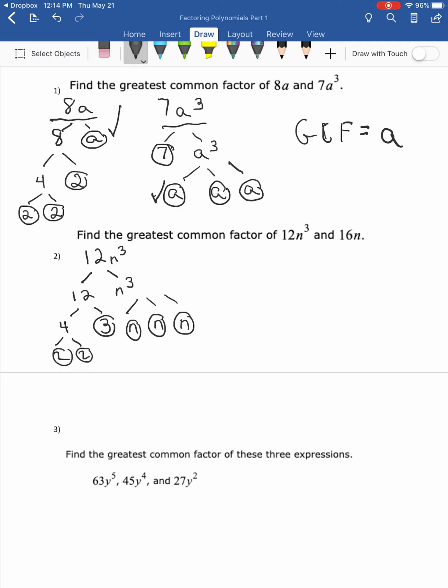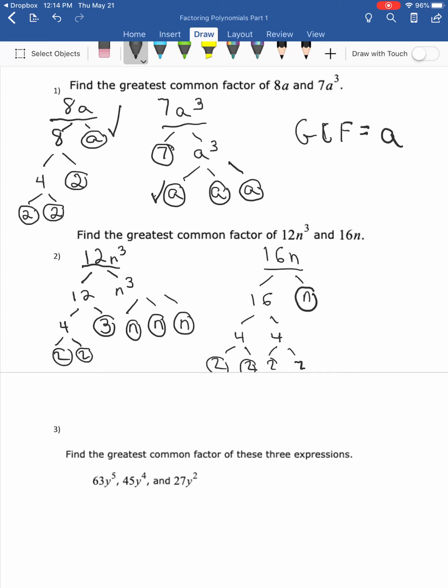All right, so let's do 16n. Actually, I'm going to leave a little more room. Okay, that's going to be 16 times n. N is a prime. 16 is 4 and 4, then 2, 2, 2, 2.